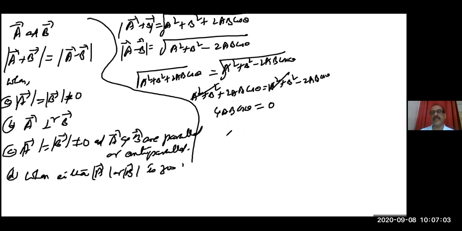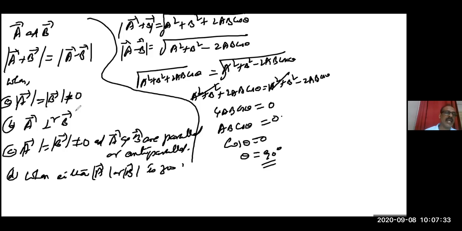Now here, AB cos theta is equal to 0. If I take this side, that will become 0, or cos theta, if I take that, also will be 0. Then what is theta? 90 degrees, right? Theta must be 90 degrees. That means they are perpendicular to each other.